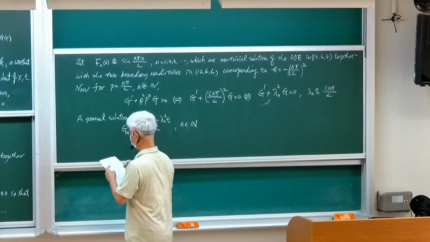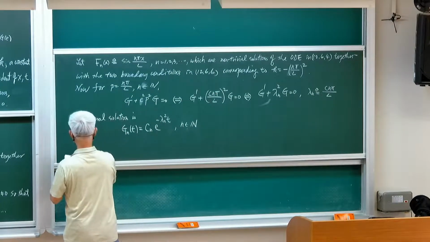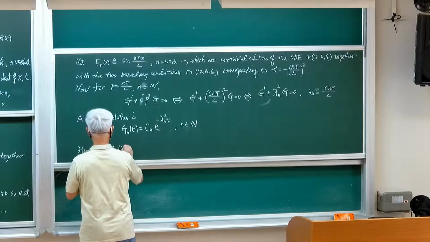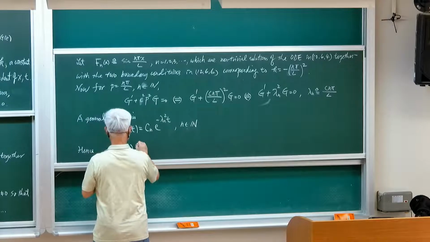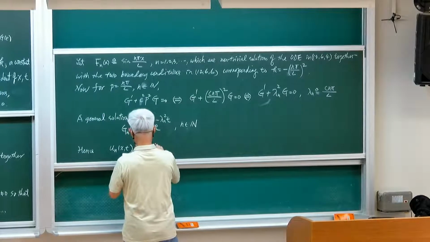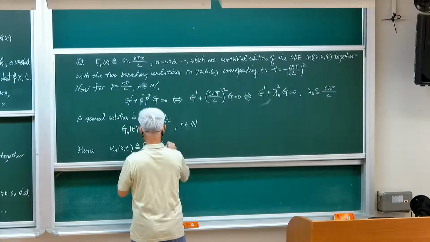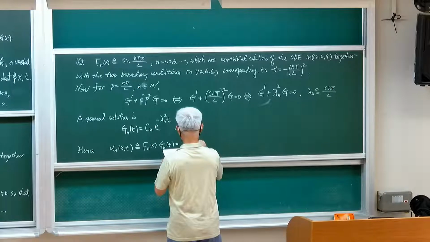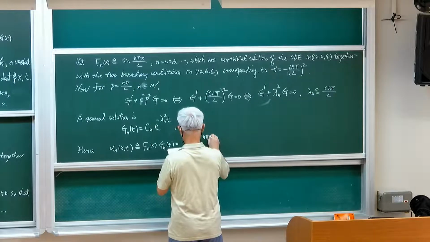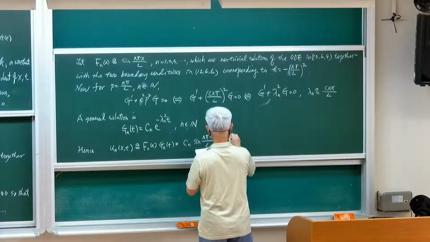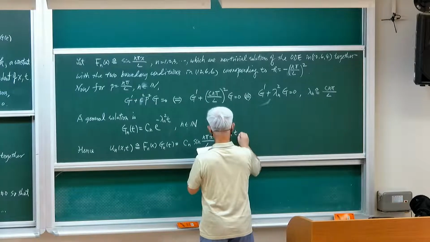Okay. So hence, we defined u_n to be f_n(x) and g_n(t), which is equal to C_n sine(n pi x / L) exponential minus lambda_n squared t.